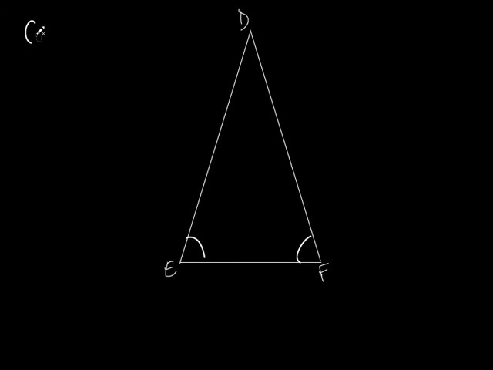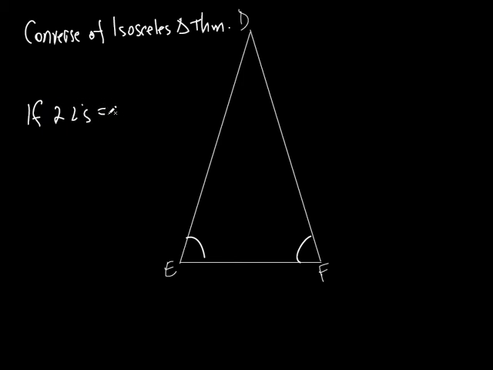They call that the converse of the Isosceles Triangle Theorem. I'll shorthand theorem, just put THM. Okay, this is the converse of it. What does that say? It says if two angles are equal, then, what do you think? The two opposite sides would be equal.